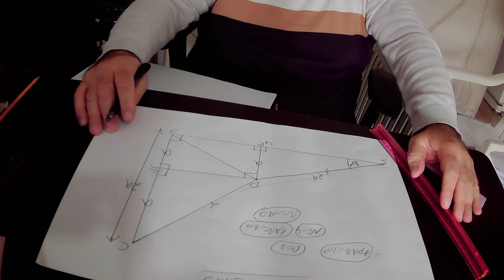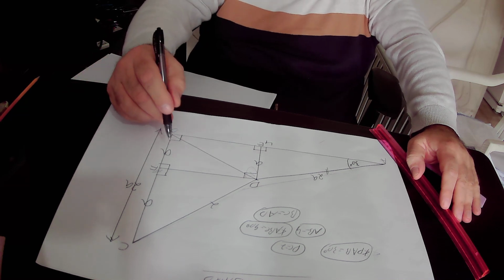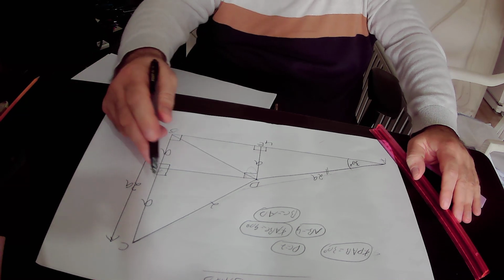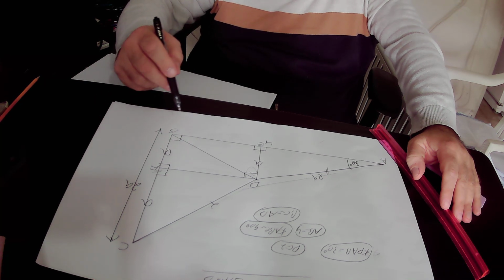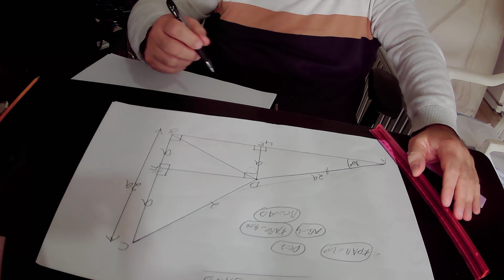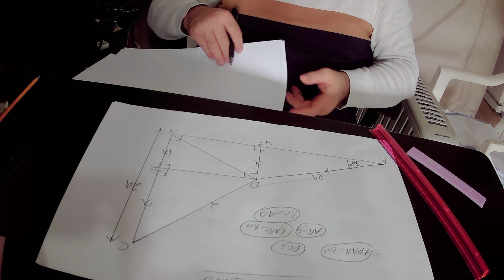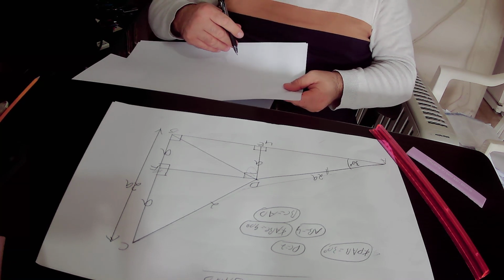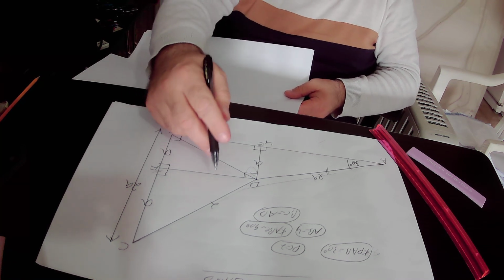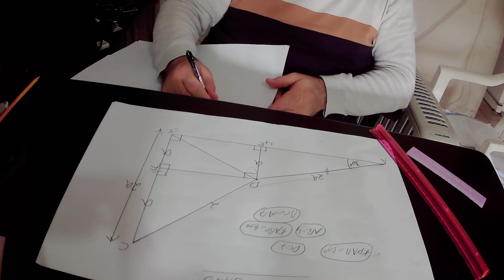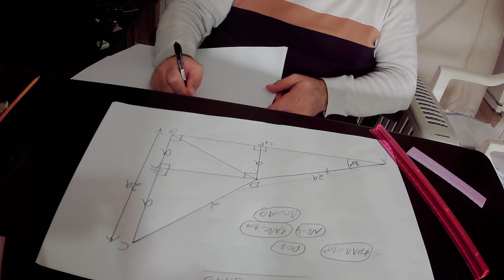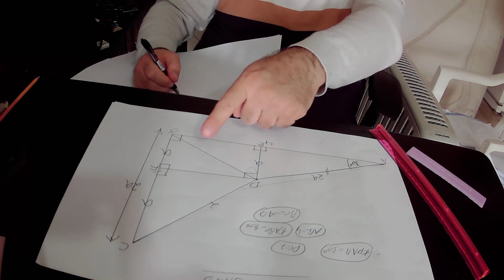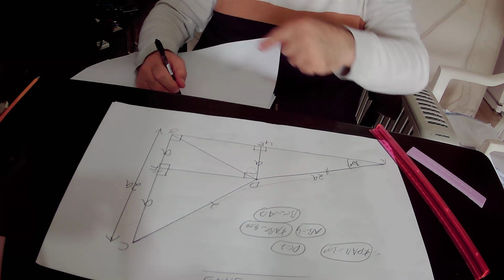And we will prove that triangle CDF is congruent to triangle BFD. I will repeat again. We will prove that triangle CDF is congruent to triangle BFD, this triangle.